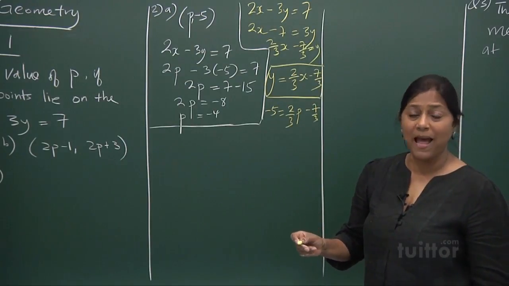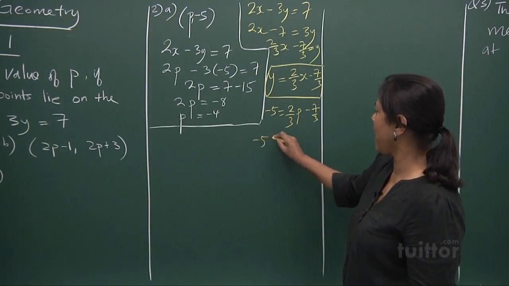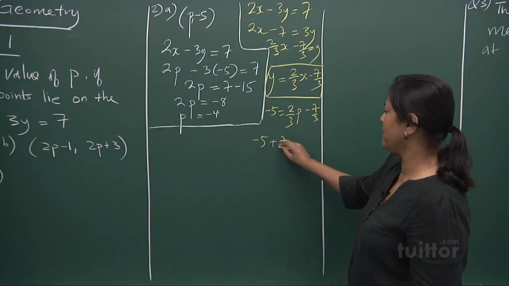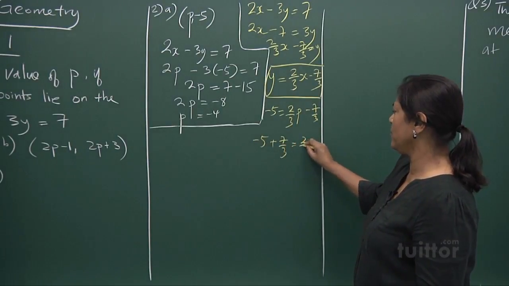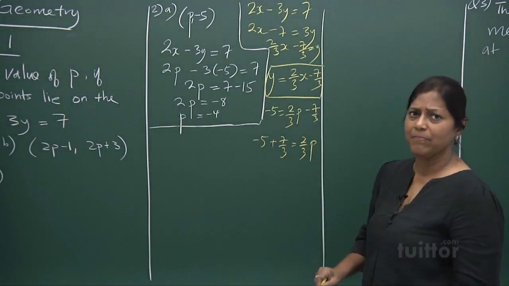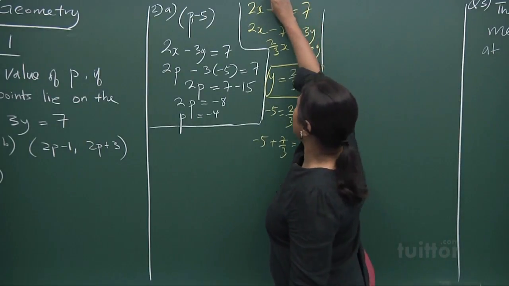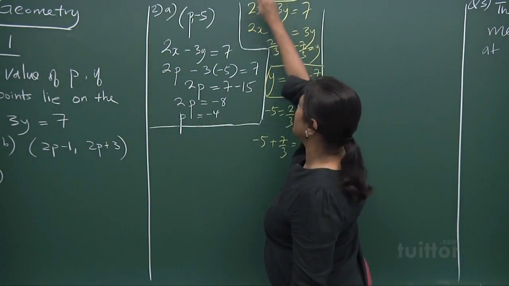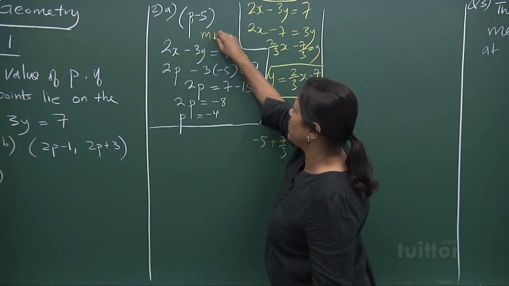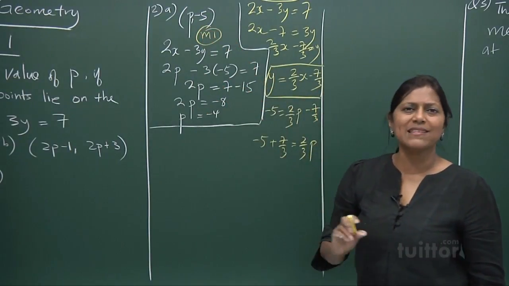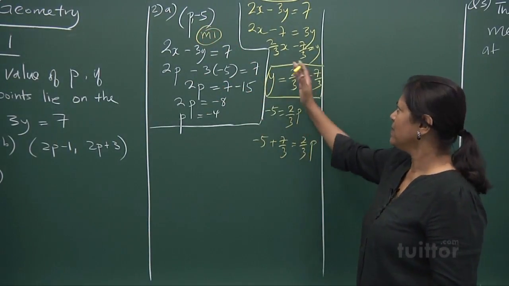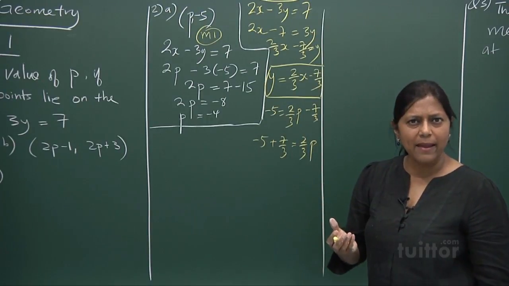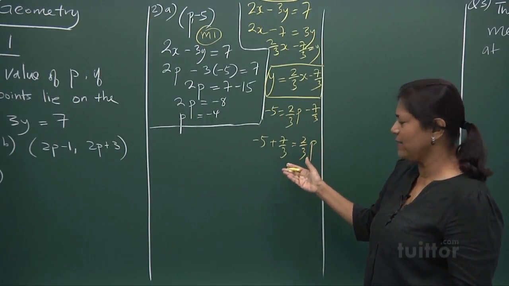Minus becomes a plus. So minus 5 plus 7/3 is equal to 2/3 p. I'm just doing method 2. This is method 1: just go direct, simple. Whereas here, you're showing what y is, and then you fit in the values.